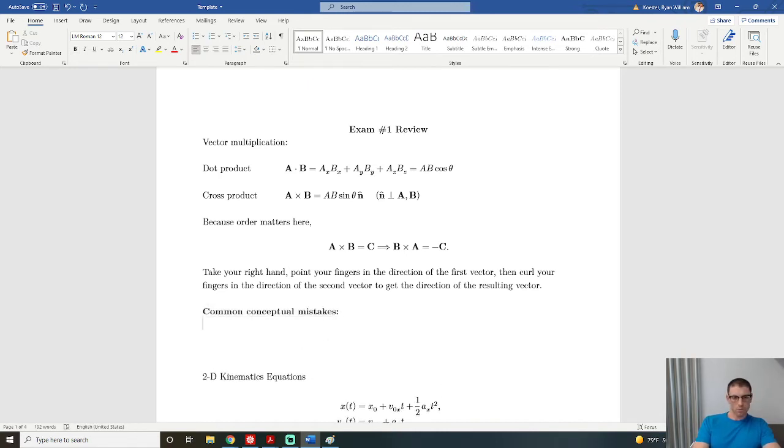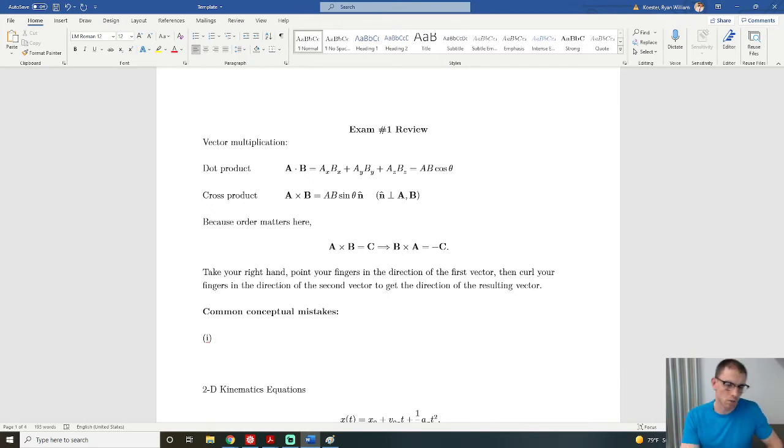So the first one would be, let's say, this is easy. I don't think I have to really justify this too much, but that the velocity is 0 at the object's maximum height for projectile motion.